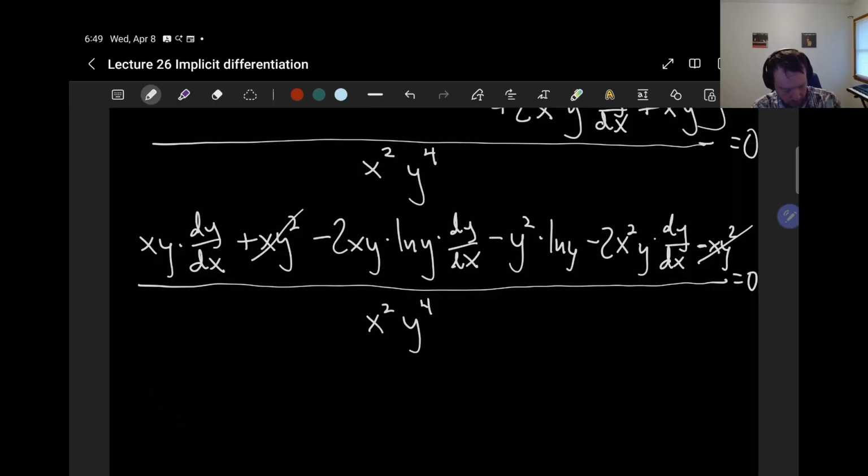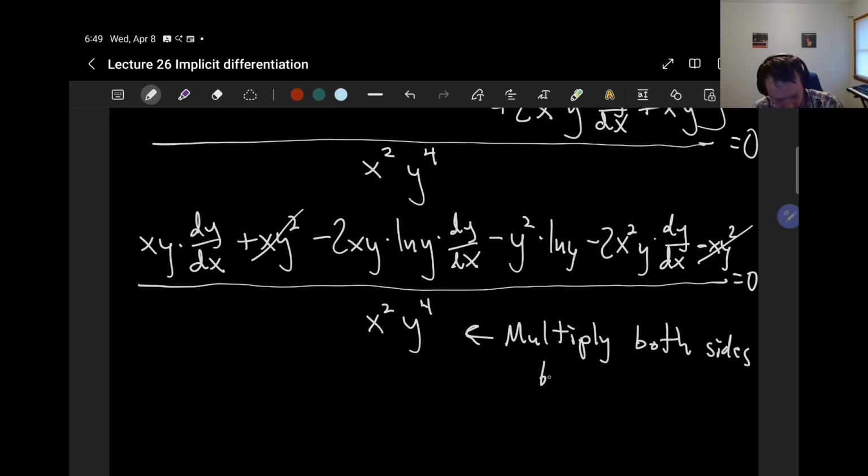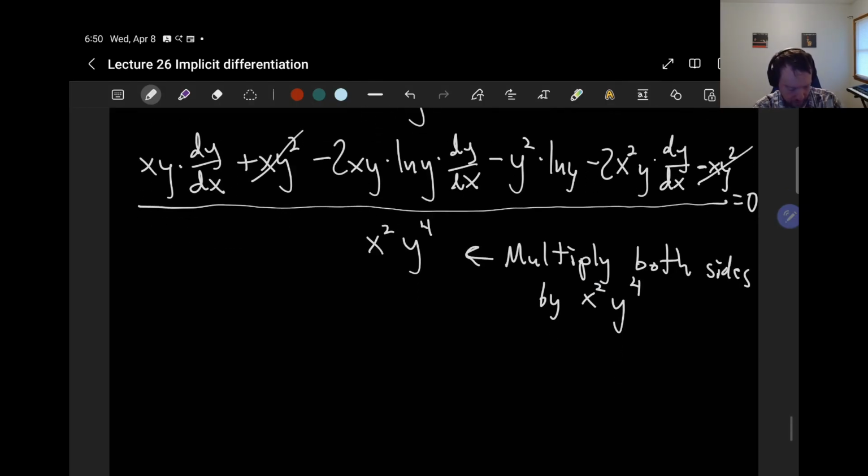So I'm multiplying both sides by this denominator. That'll cancel it off over here and still leave us with 0 on the other side. So it goes away, essentially. So that's kind of nice.